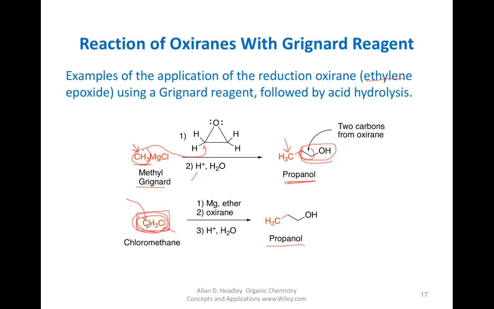So again, this carbon here is not negative, but you can make it negative by converting it into a Grignard reagent as shown here. That Grignard reagent can react with your oxirane followed by hydrolysis to form the same propanol. Notice 1, 2, 3 steps. You must include your steps when you're doing a multi-step synthesis.